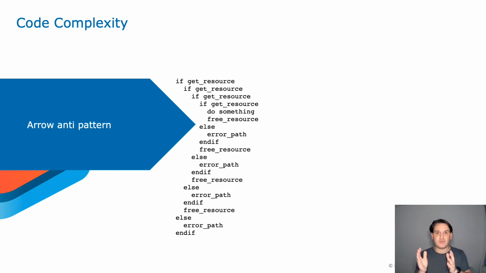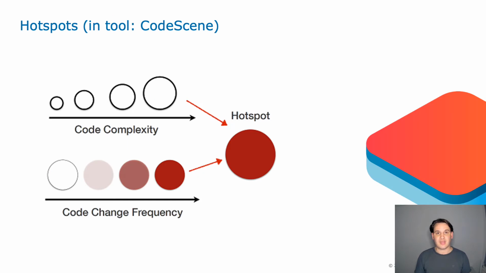An if statement will start on the front of the line and the next one will have some more white space. So the more white space there is, the more complex your code is. And secondly, you have hotspots. This will be a combination of that code complexity and code change frequency.